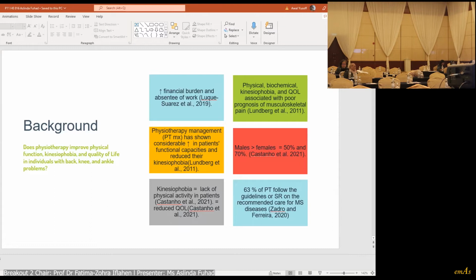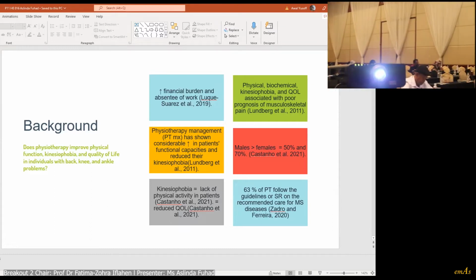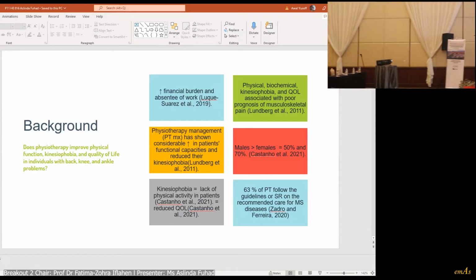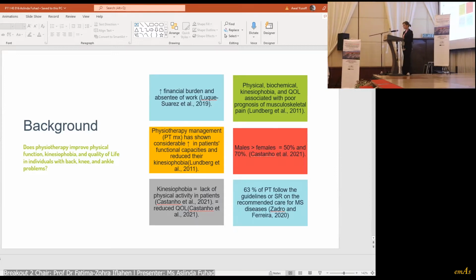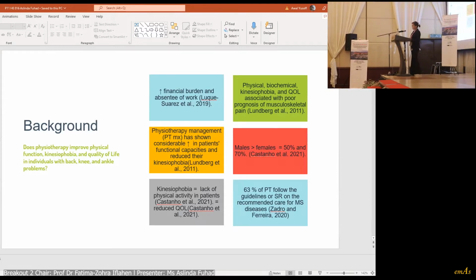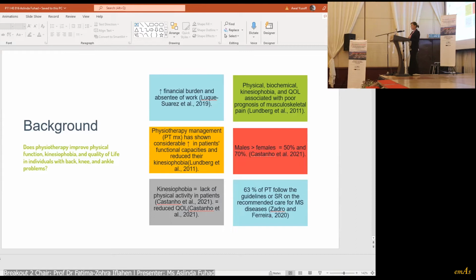Kinesiophobia usually happens due to a lack of physical activity in patients, which therefore reduces quality of life. 63% of physiotherapy management follows the guidelines of a systematic review on the recommended care for musculoskeletal disease.